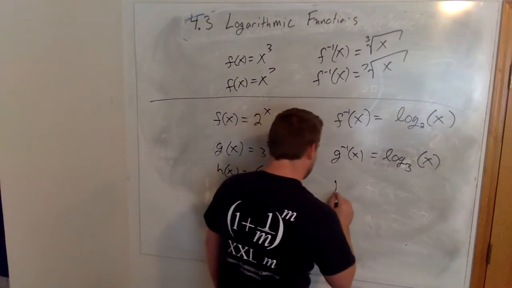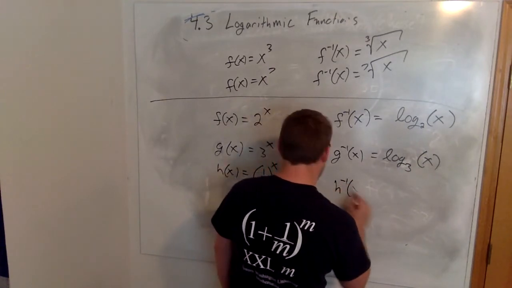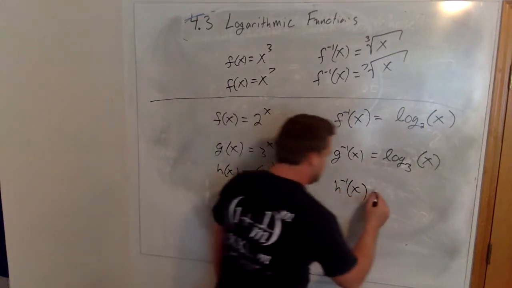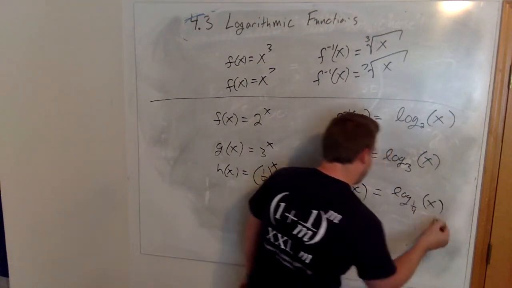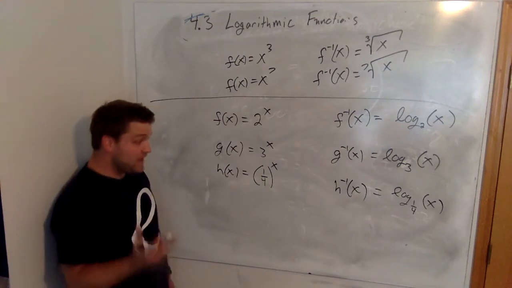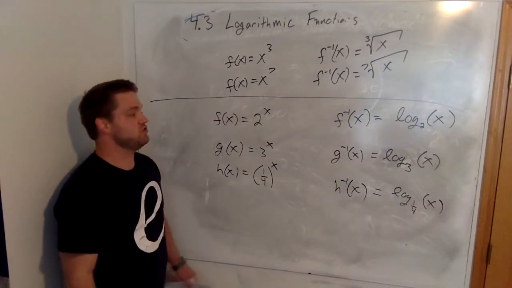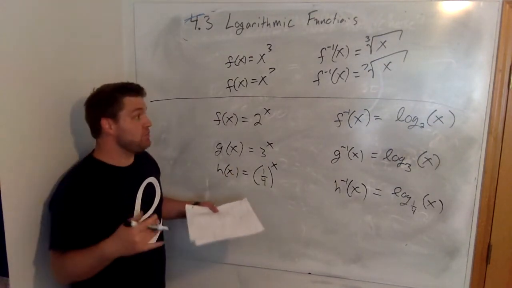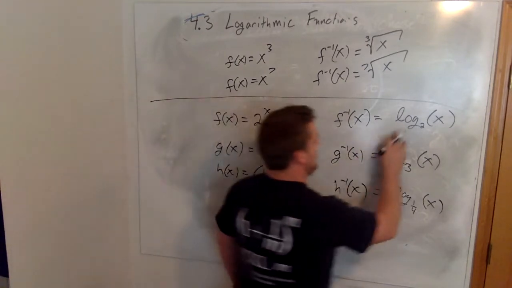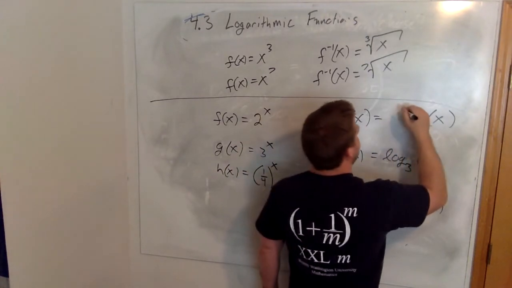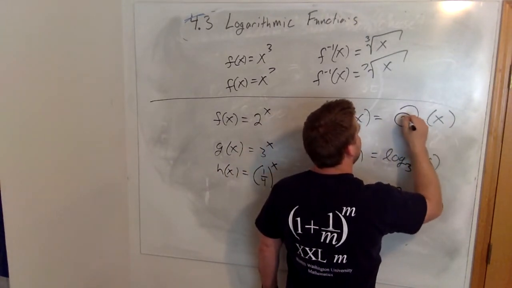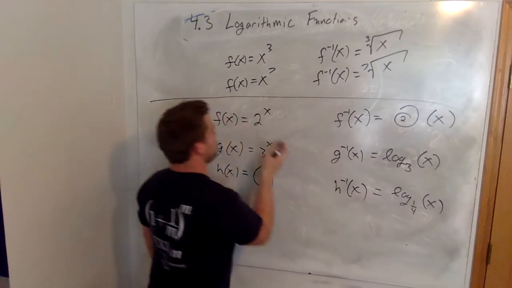Or, what would we denote as the inverse of this function? Well, we put the word log, and we put a 1/4 here, x. Now we're just making up a notation for the inverses of these functions. We could have come up with a different symbol. Maybe we made up the symbol, a cool swirly with a 2. This is the inverse of 2 to the x.